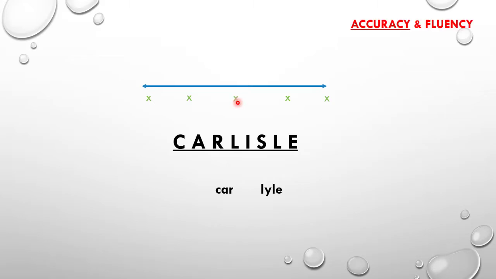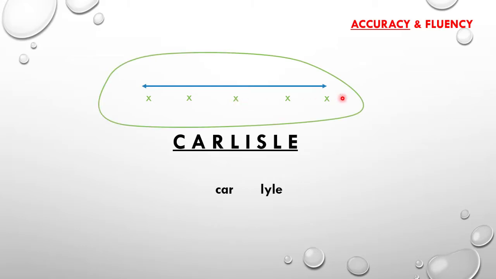Now, when technically assessing spoken English, what does that mean? For instance, when I'm assessing my students as a teacher, or hypothetically, if an IELTS examiner is assessing your spoken examination, we look for accuracy and fluency.